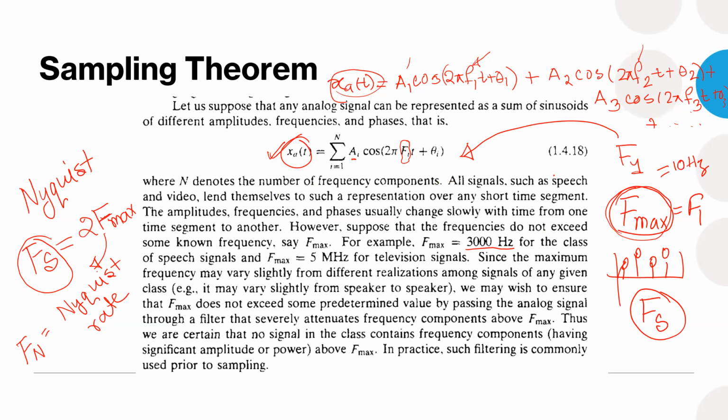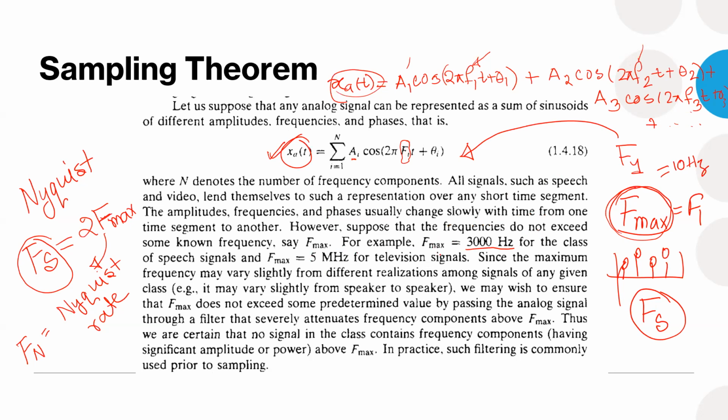All signals such as speech and video lend themselves to such a representation over any short time segment. The amplitudes, frequencies, and phases usually change slowly with time from one time segment to another. However, suppose that the frequencies do not exceed some known frequency, say F maximum.